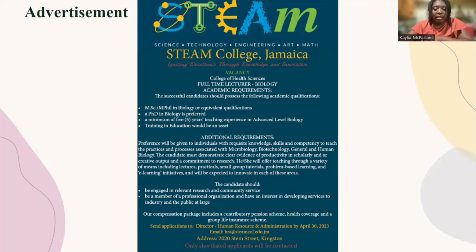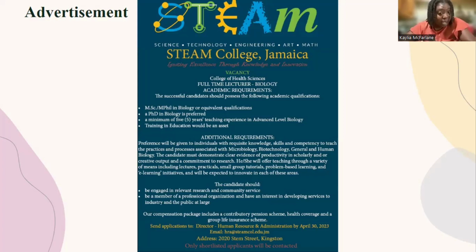But there are specific requirements that we would like to see on a job advert. And if we can look at this job advert, we can locate the job description and the job specification. And the job specification will take into consideration the person's qualifications, like the Master of Philosophy in Biology or equivalent qualification.